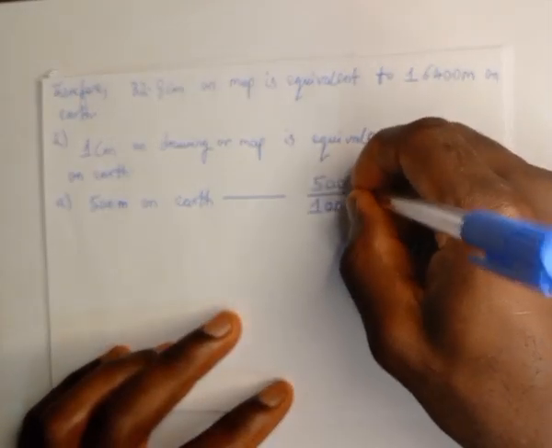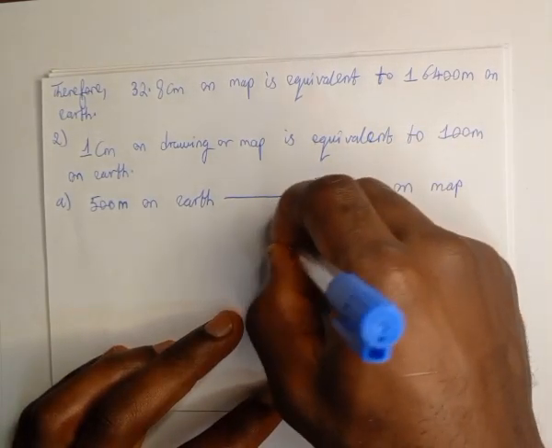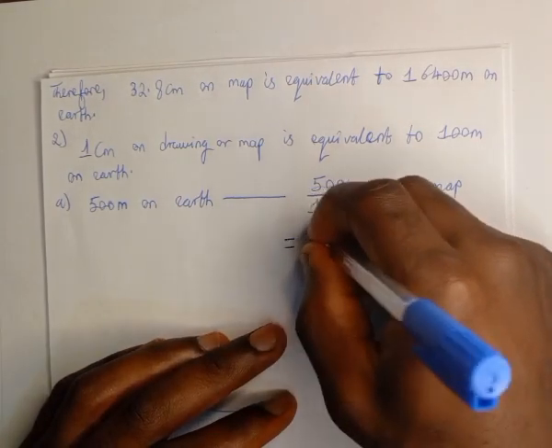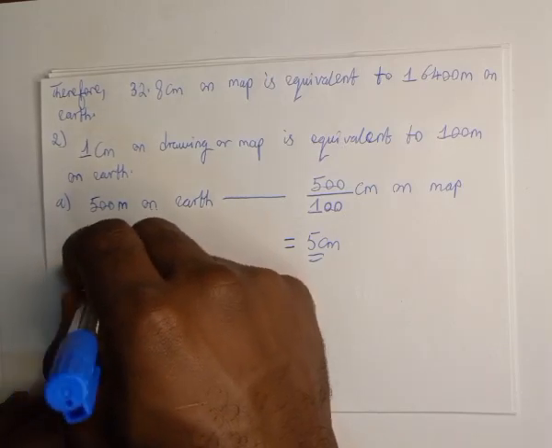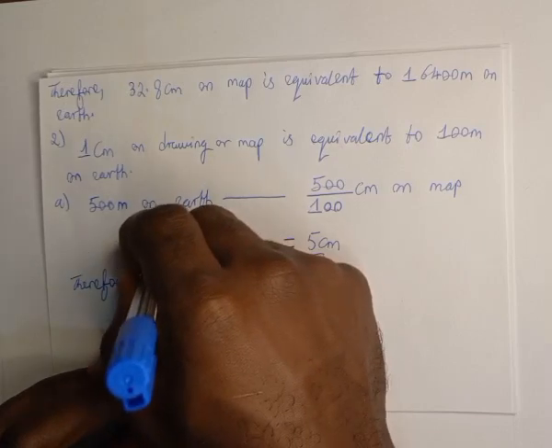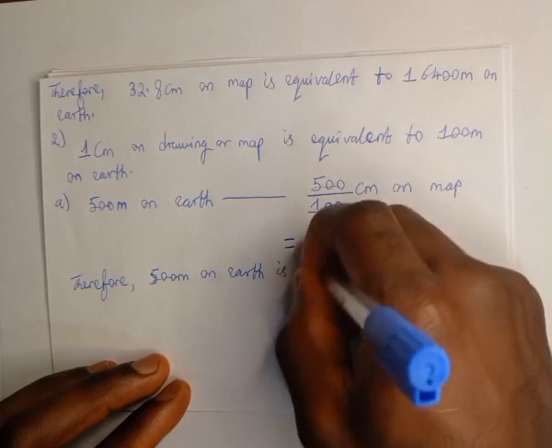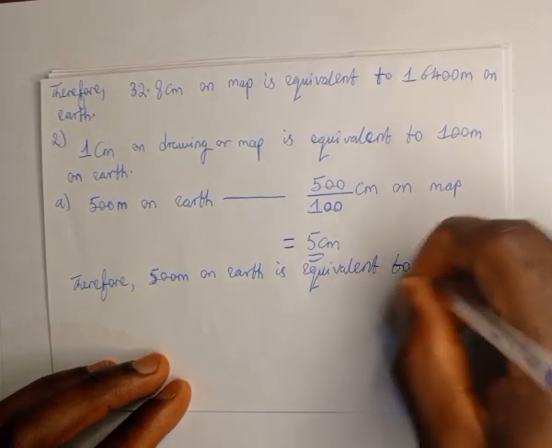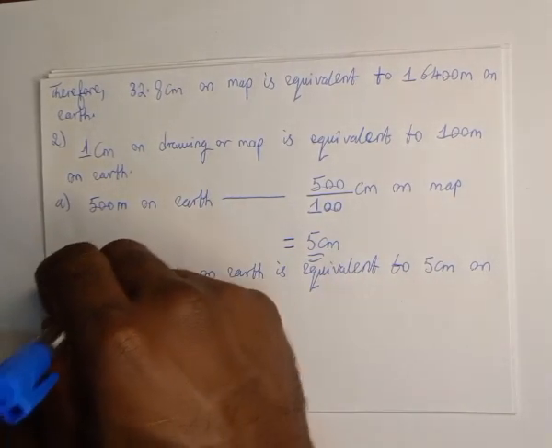Then the unit here will be centimeters on map. And this will simply be equal to 500 divided by 100 gives us 5. This will give us 5 centimeters. Therefore, 500 meters on Earth is equivalent to 5 centimeters on the map.